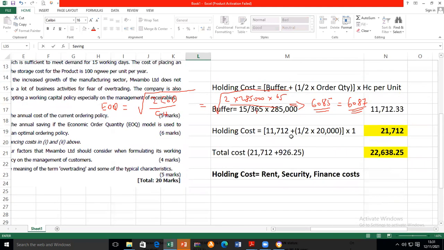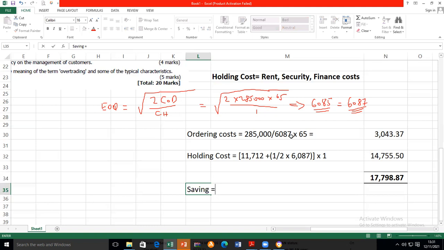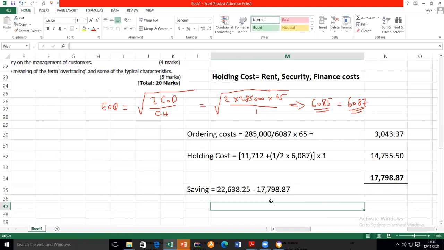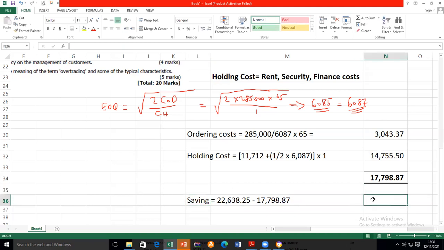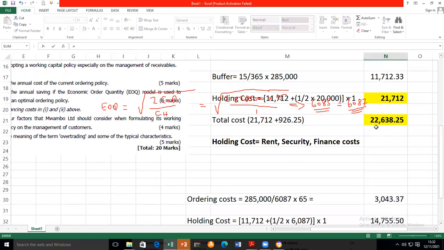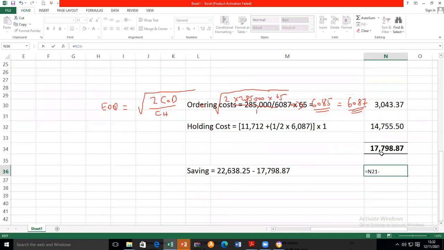Saving, how much are we saving? How much is the saving? $5,308.